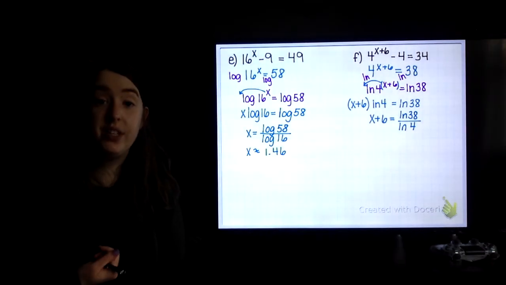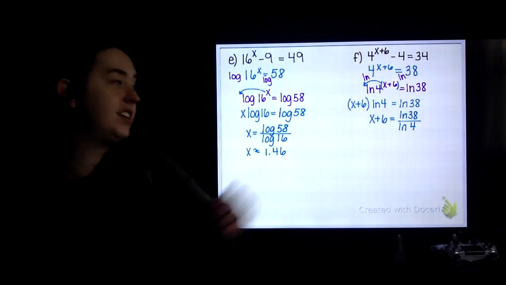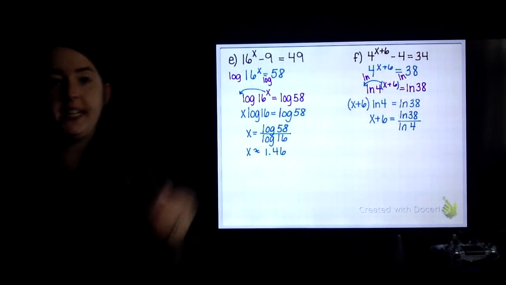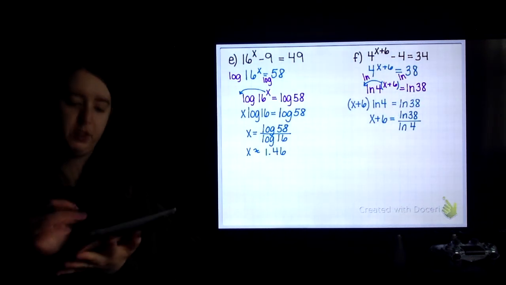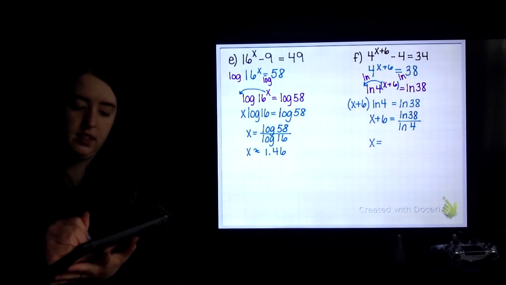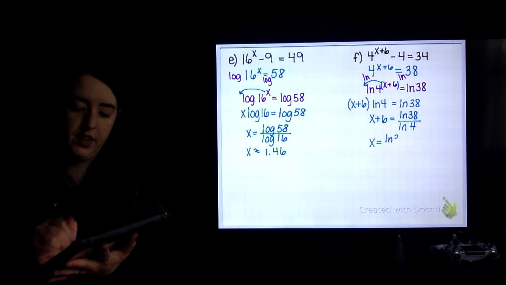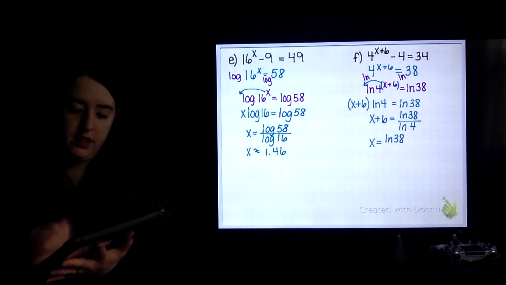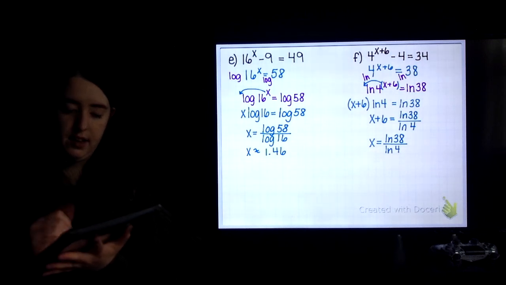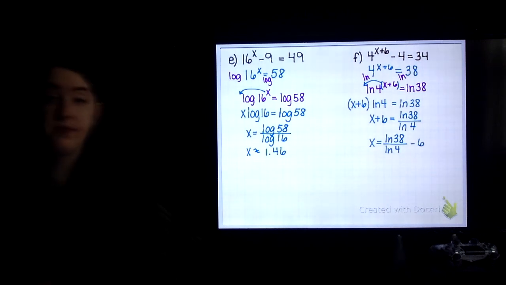So the next thing to do to get x by itself, if this side scares you, just cover it up, well, we subtract 6, just like we did ever since Algebra 1, or even pre-algebra. So that means that x equals the natural log of 38 divided by the natural log of 4 minus 6.